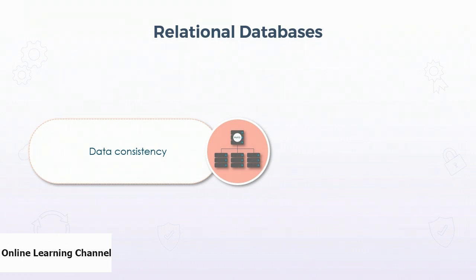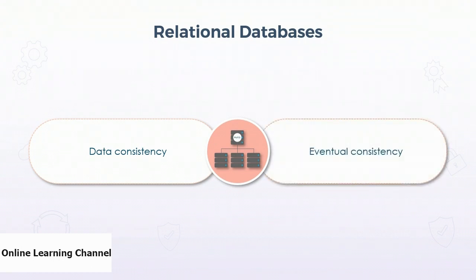On the other side of the coin, there's been a surge of popularity in non-relational databases in the cloud, such as NoSQL databases, which trade consistency for other desirable traits that relational databases are less successful at, such as elastic scalability and speed. These non-relational databases offer what's called eventual consistency, meaning that there may be some time after a data change is made that a query might return an old state, and the return data is not completely up to date. But after a certain period of time, the data will be consistent. Which type of database is used depends on the specific requirements.